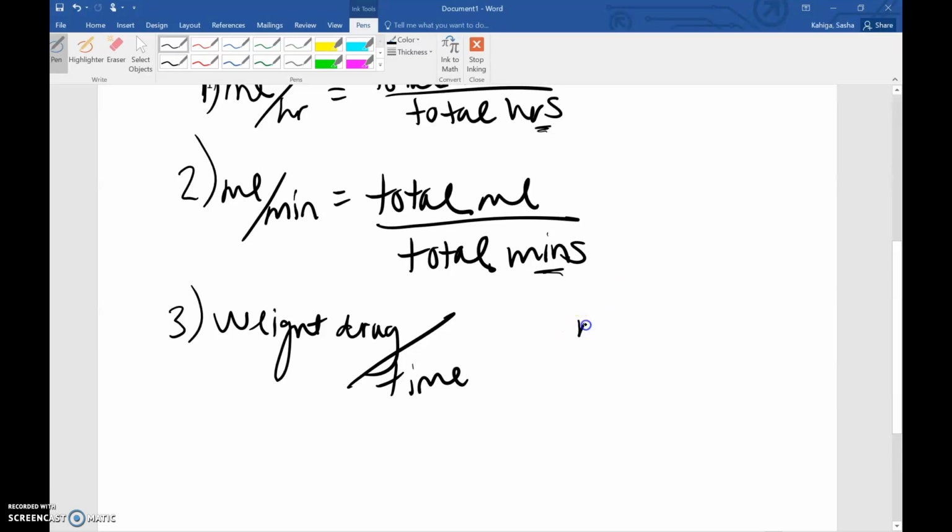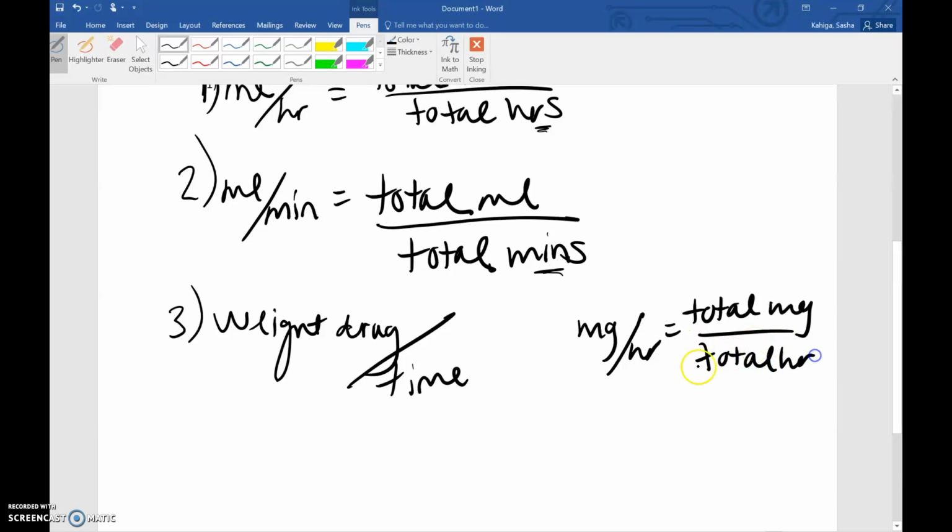That could be milligrams per hour. Well, you take the total amount of milligrams a patient is receiving over what? The total hours. That could be grams per minute. It just all depends on what the problem is giving you. The total amount of grams over the total amount of minutes.